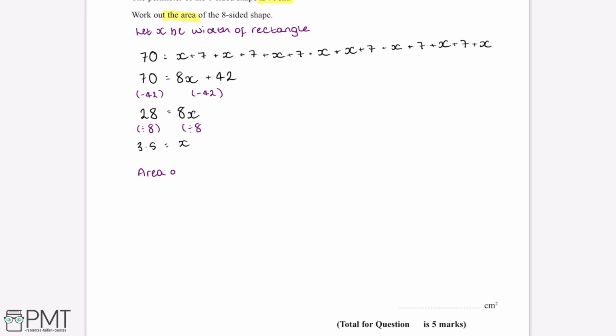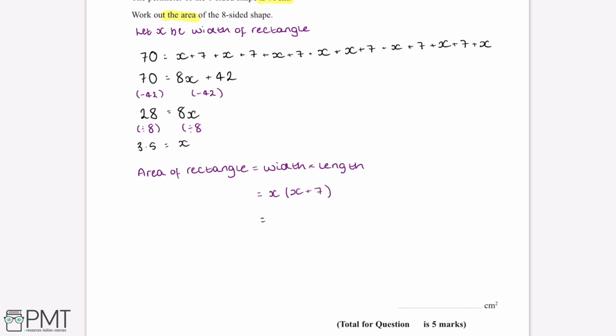The area of a rectangle is equal to the width multiplied by the length. In terms of this question, our width was x centimetres and our length was x plus 7 centimetres. The value we worked out for x was 3.5, so we can substitute this into our formula.